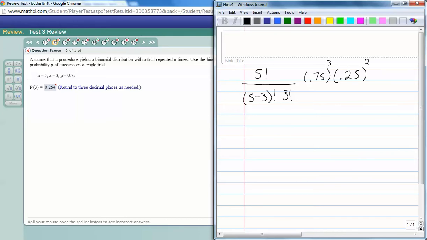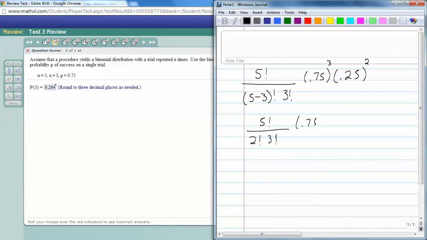Alright, and so I'm not sure if you're familiar with factorial. Hopefully you are, since you've already taken one of the probability tests. But you can simplify this pretty quick. That's 5 factorial over 2 factorial times 3 factorial.